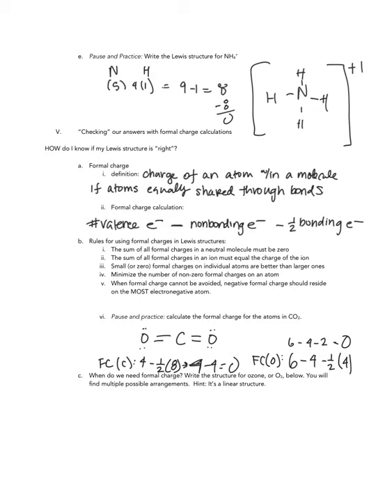Okay, so we have 3 oxygens. And so if oxygen has 6 valence electrons, 3 times 6 gives us 18 valence electrons to work with. So if we draw out our oxygens in a row, we start by creating a single bond between each oxygen. That takes away 4 electrons, which gives us 14 electrons to work with.